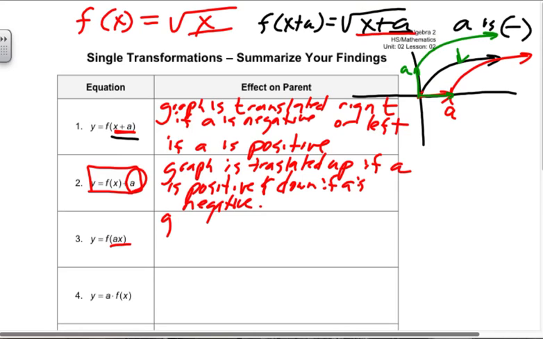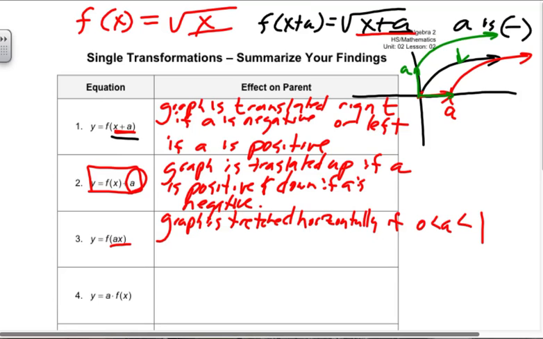And the graph is stretched horizontally if a is bigger than 0, but less than 1, which means it's a fraction.